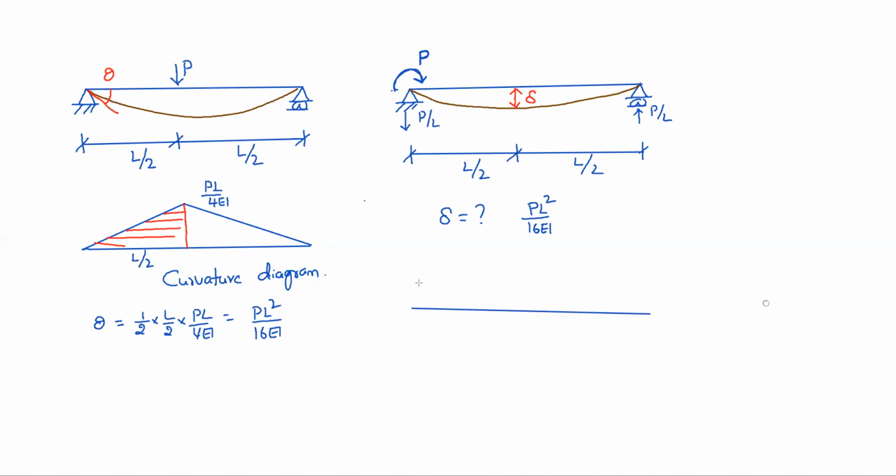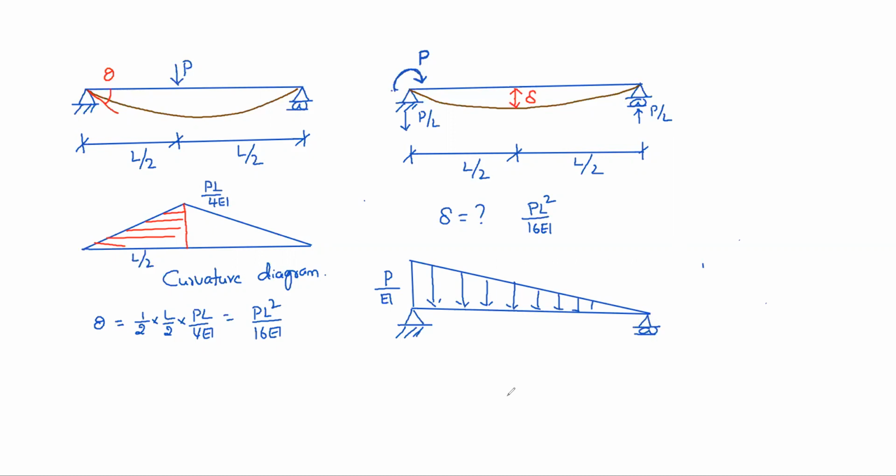For this curvature diagram, we will use the conjugate beam method here. See, P by EI is the curvature. Curvature becomes loading for the conjugate beam. So for a simply supported beam, the conjugate beam is also a simply supported beam.